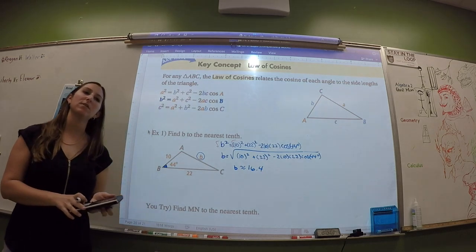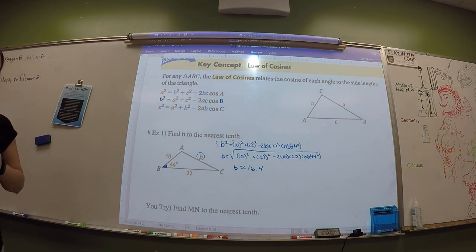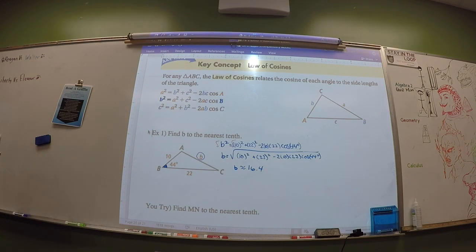If you find the answer first and then square root, it's going to be a different answer. Did you square root the whole thing? Yeah, you square root the whole thing. Whatever you got, square root that. So do square root of the answer.